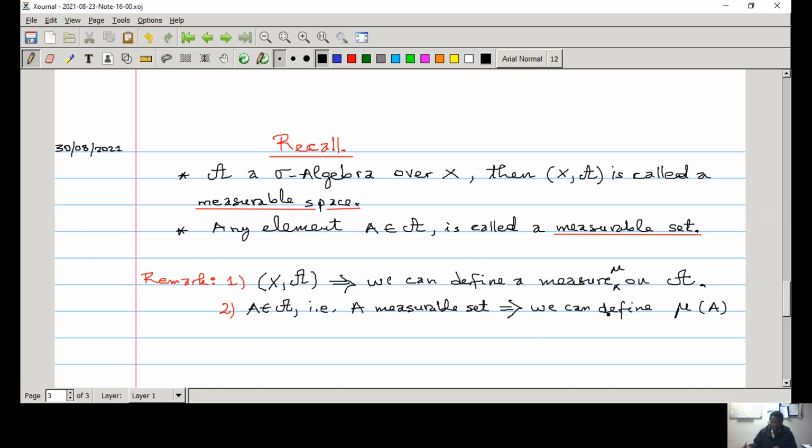Okay, this definition is already here. We can evaluate. I think that would be the more appropriate. We can compute or we can evaluate mu A.